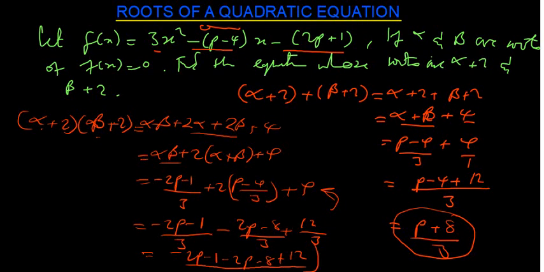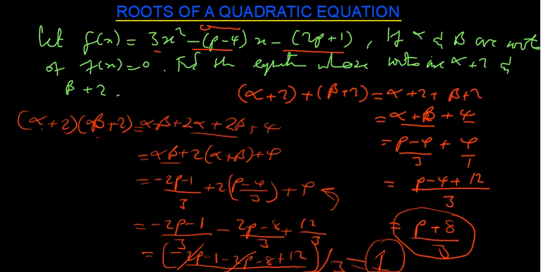Let me just write like this. Everything divided by 3. So what we can see is our 2p is going to cancel with our 2p. We are remaining with negative 1 minus 8 plus 12. What we are going to find is the 3. And then we see that 3 is dividing by 3. So our answer is going to be equal to 1.